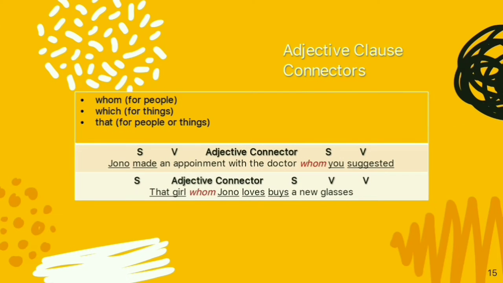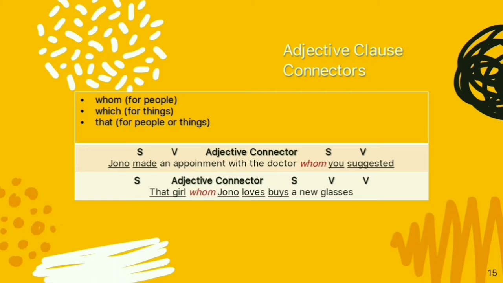Adjective clause connectors: there are whom for people, which for things, and that for people or things. For the formula: subject, verb, adjective connector, subject, verb. Or subject, adjective connector, subject, verb, verb.